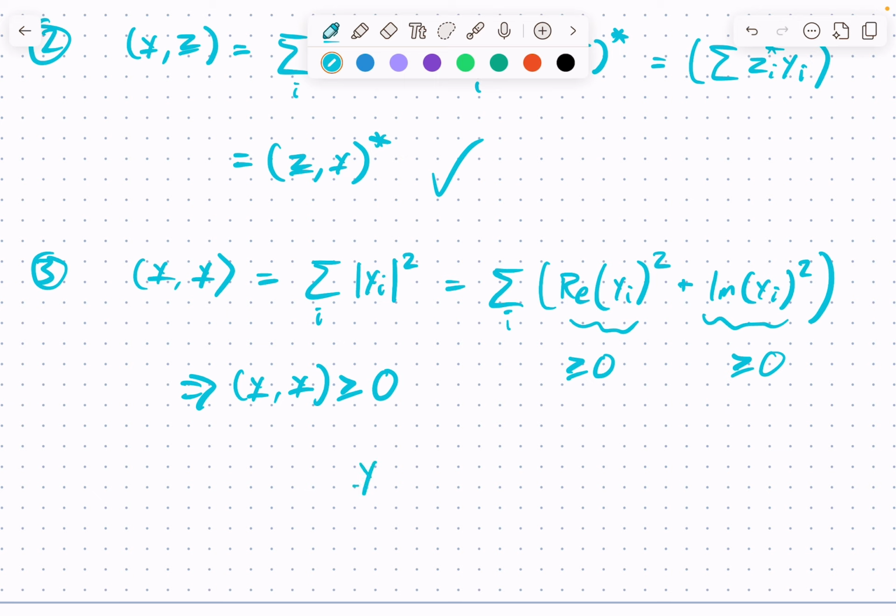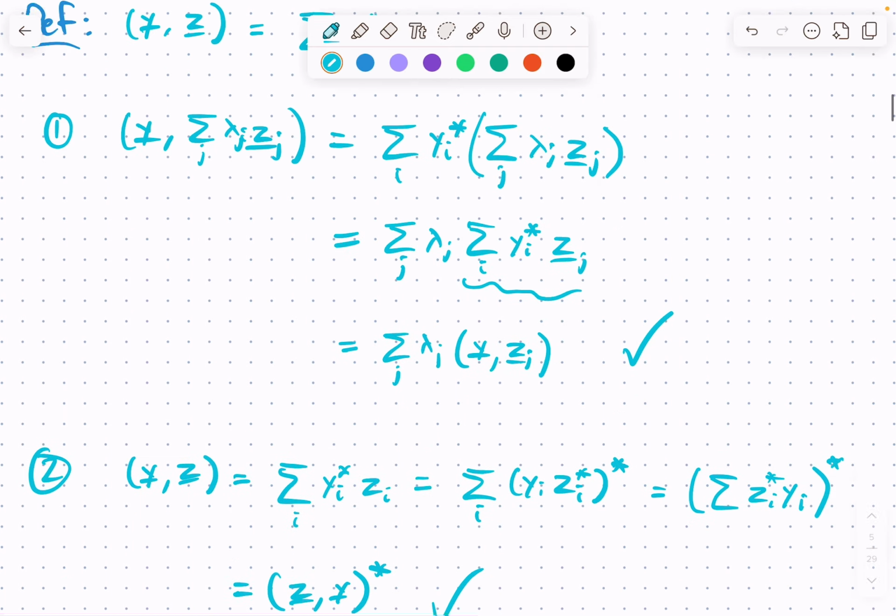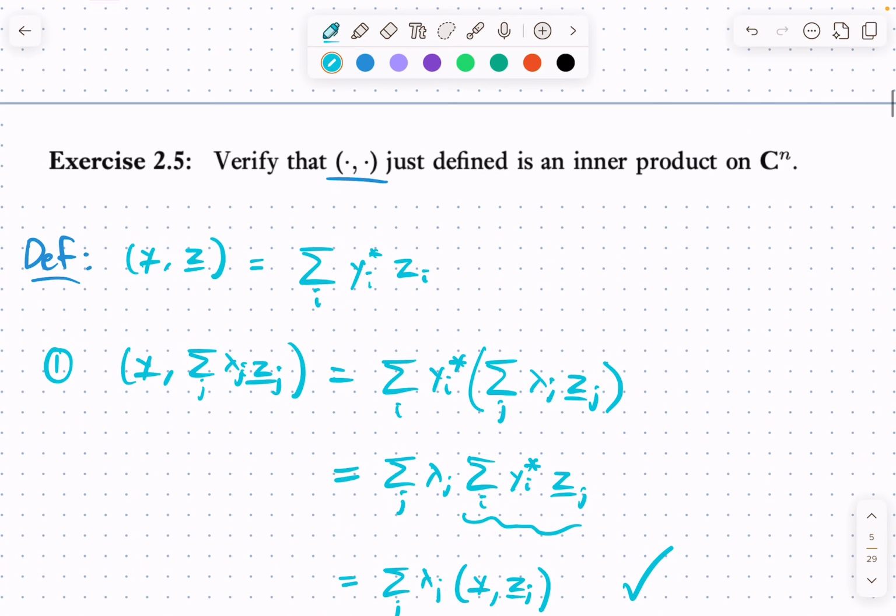Therefore, y must equal 0. Or I'll say, yeah, if and only if, just a biconditional, it's equal to 0. Okay, and that's our third property. Therefore, we have that this function is an inner product on Cn.